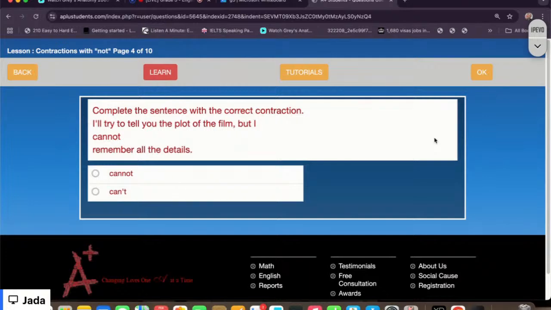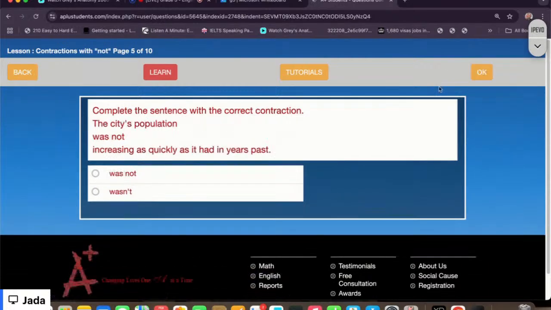So, I will try to tell you the plot of the film, but I cannot remember all the details. So, what's the right option for this one? So we have can't, option two.